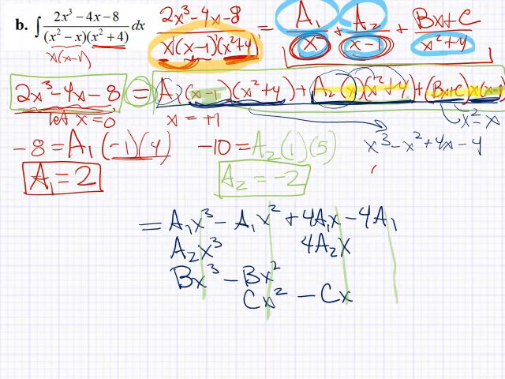So what I'm going to do now is realize that on the left side, I had 2x cubed minus 4x minus 8.